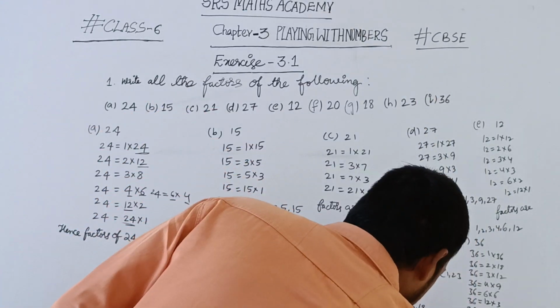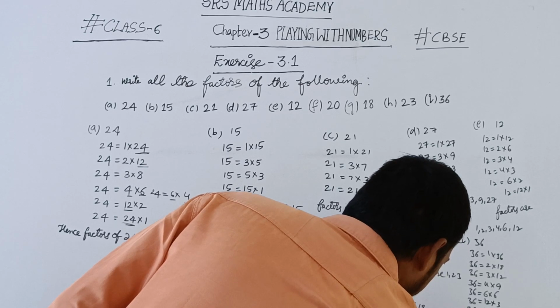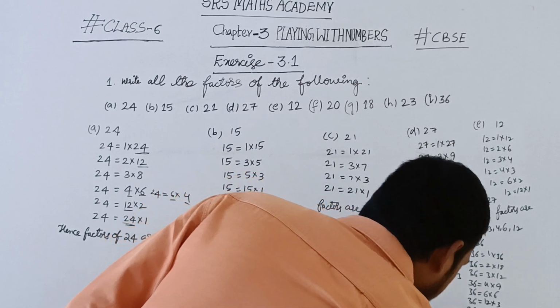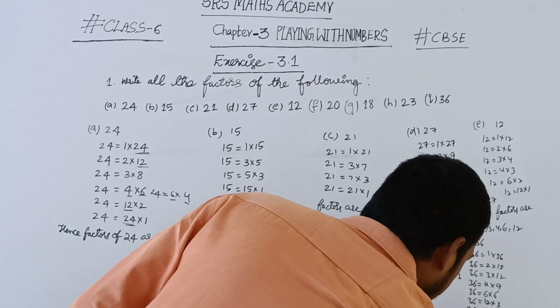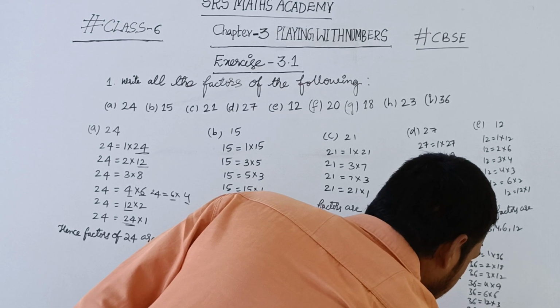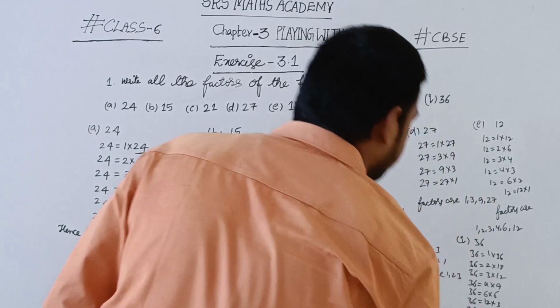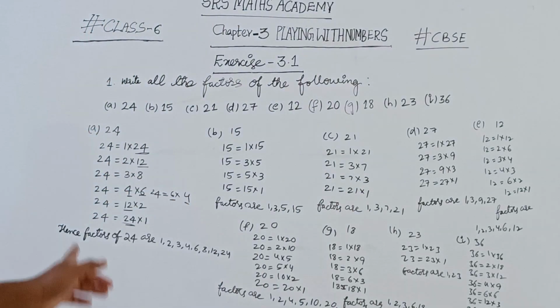So here factors are 1, 2, 3, 4, 6, 9, 12, 18, 36. So these are the factors of all the problems.